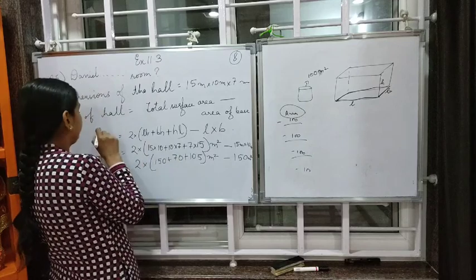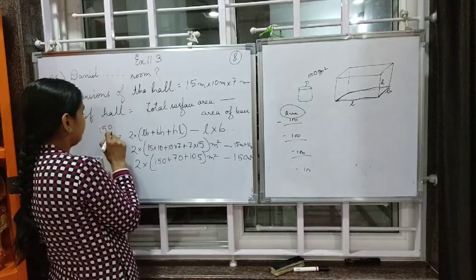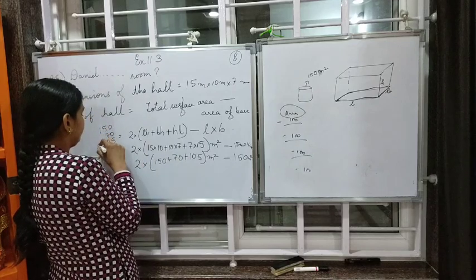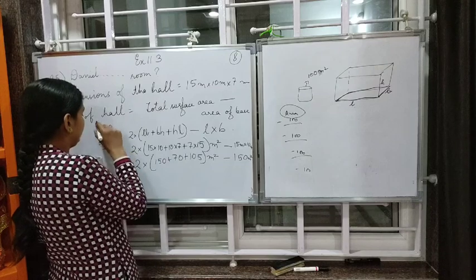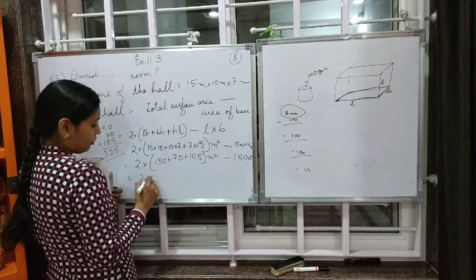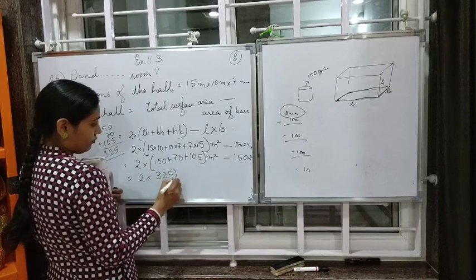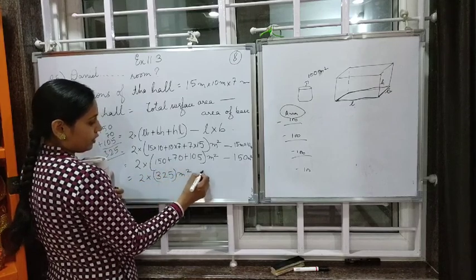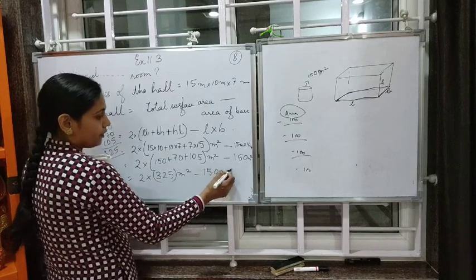Now we add. So it is 325. 2 times 325 meter square minus 150 meter square.